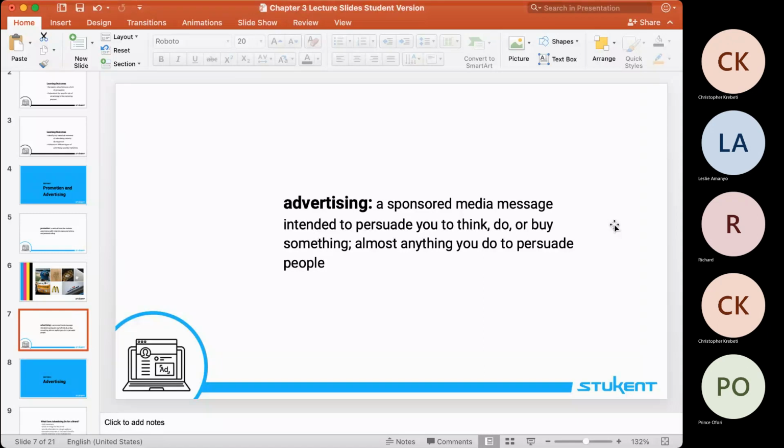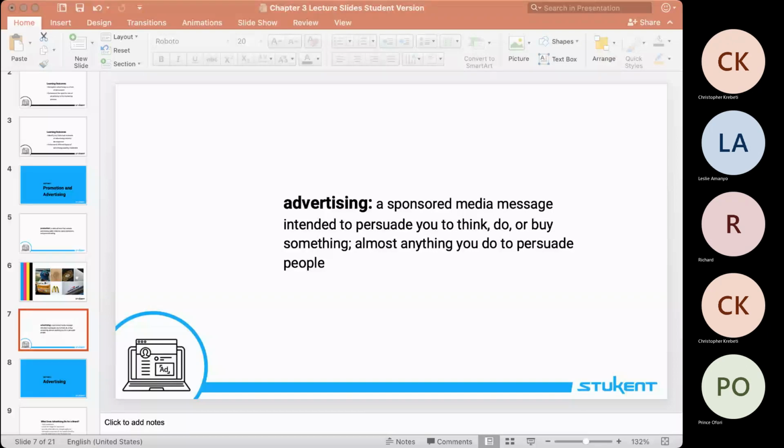That is the aim of this message. So, as I've said, anything you do to persuade people to act, whether to do, to buy, or to think about something, is referred to as what?